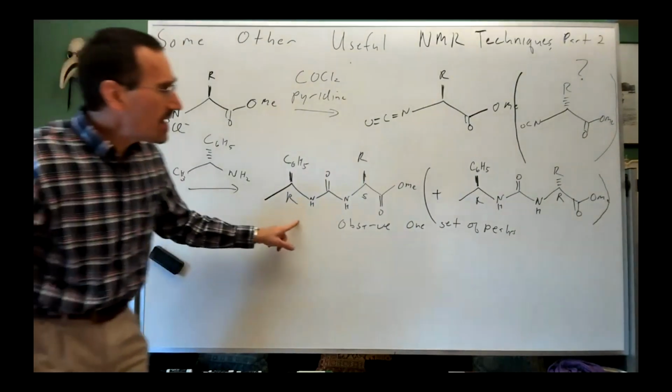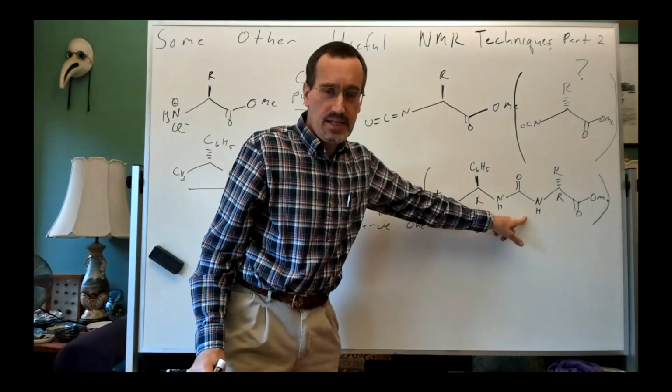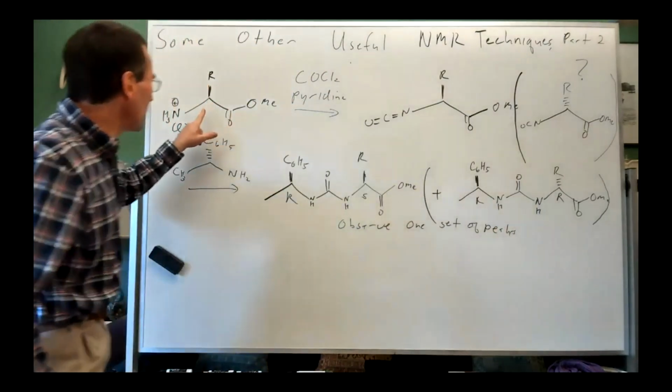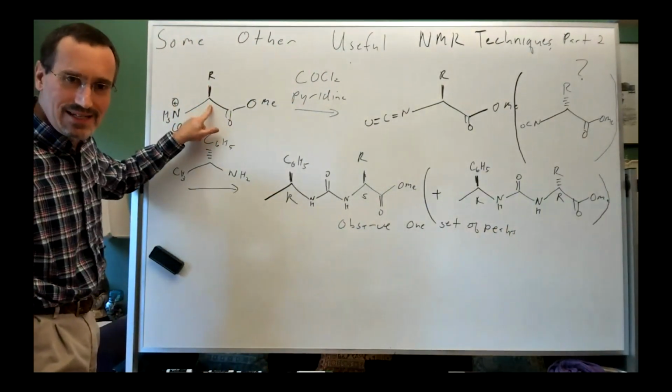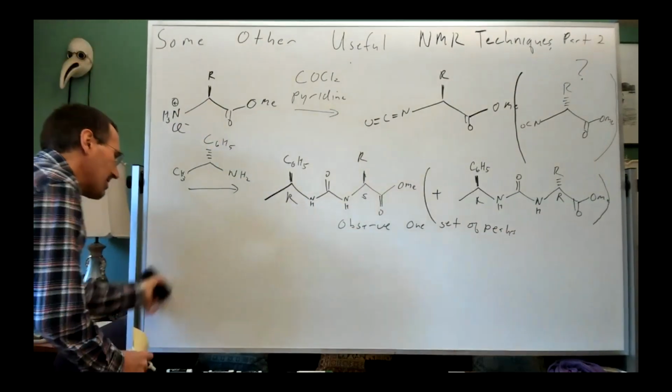So we wanted an authentic sample of the other diastereomer. But in order to make the other diastereomer, we would have had to start with the enantiomer of the amino acid. So there's a very nice trick that we use.